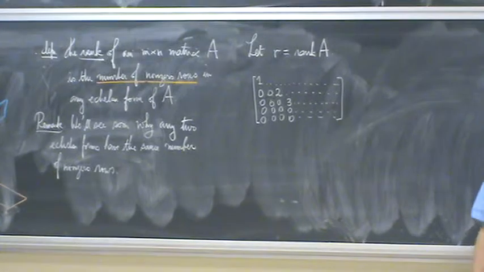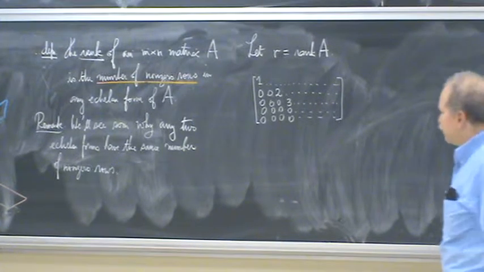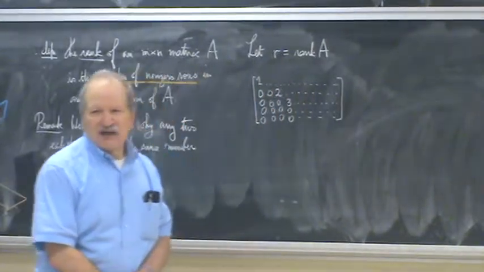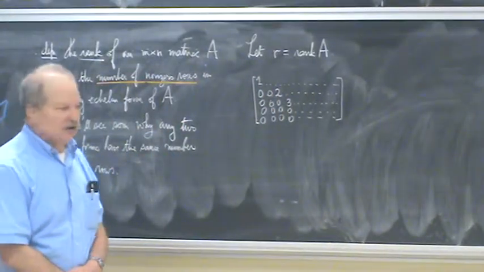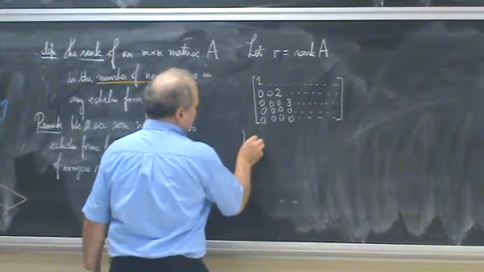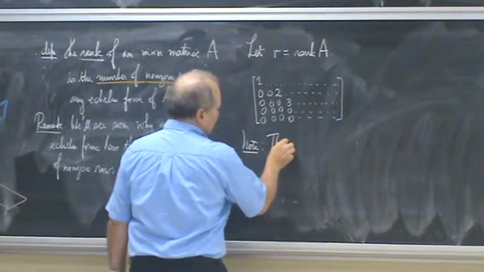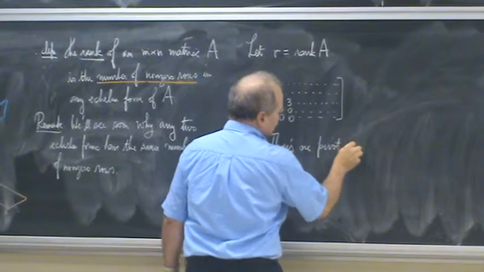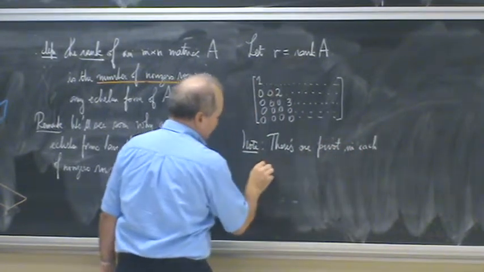So what would the rank be in this case? 3. How many pivots do you have? 3. So note there's a pivot in each non-zero row.